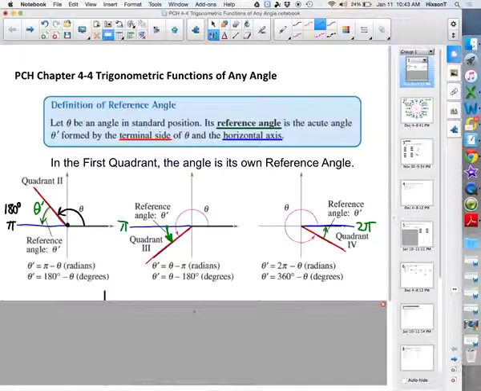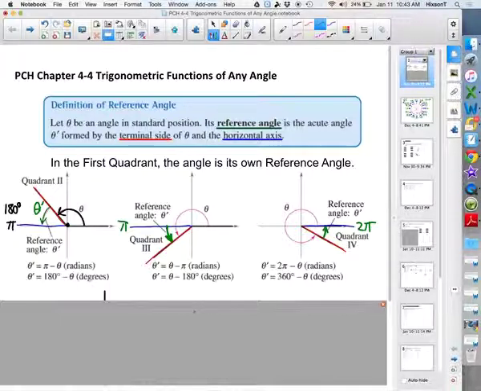So when we're finding the reference angle here, we're really finding how much would it take to complete the full circle. What angle would I need to add on here to get a full circle? So we'll take 2 pi minus theta, or 360 minus theta, to figure out this difference here.